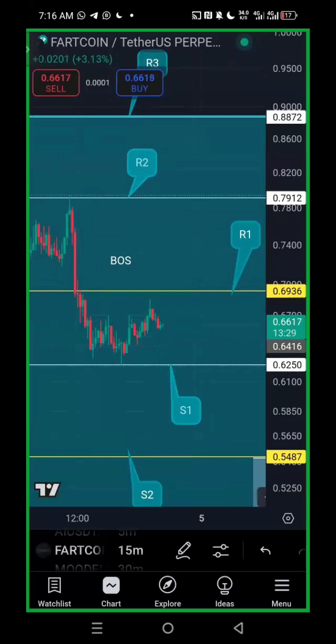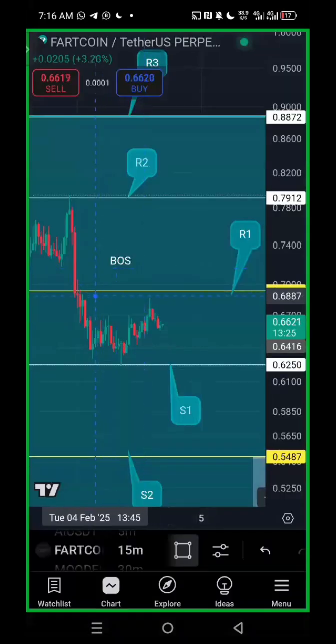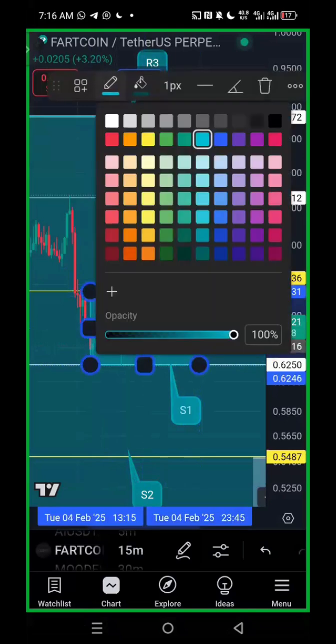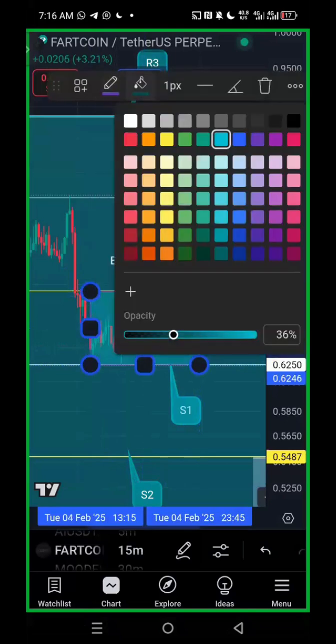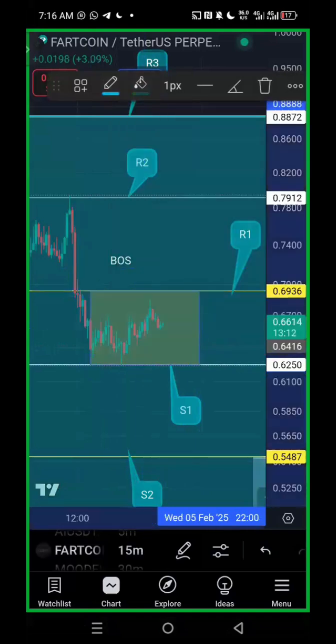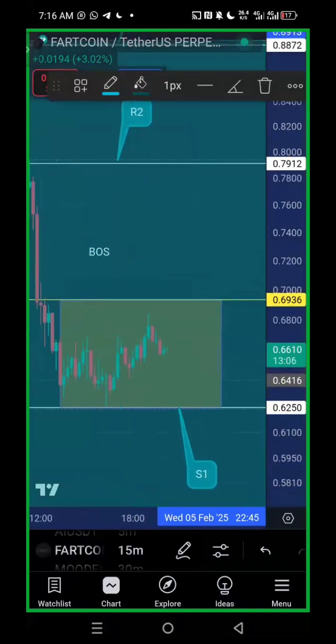This is the area we are currently looking at.